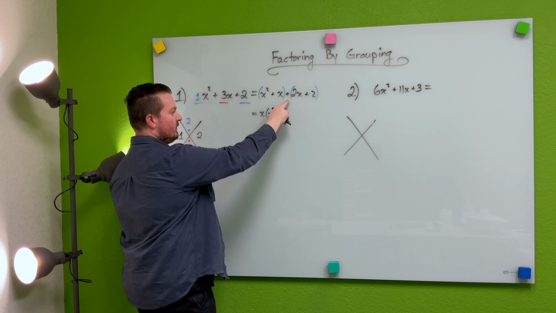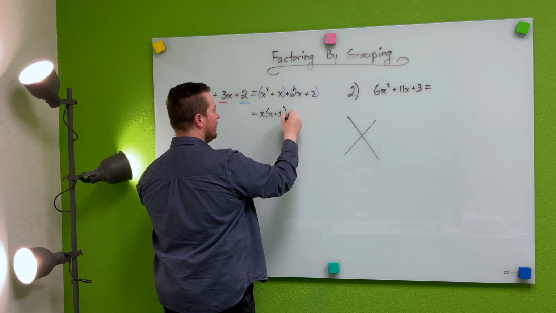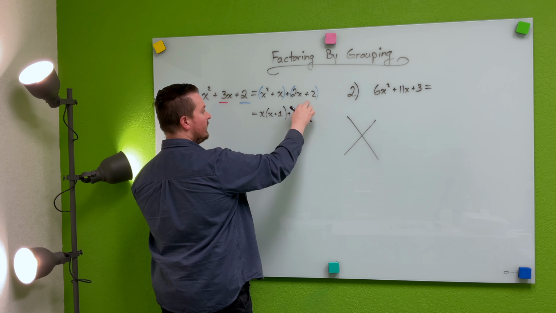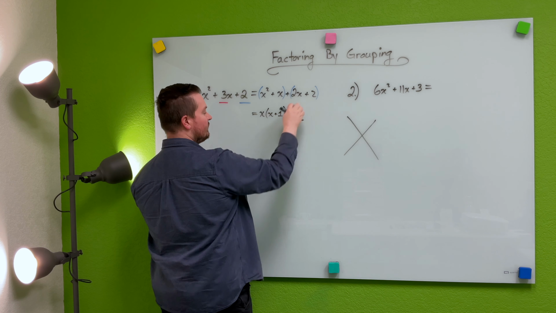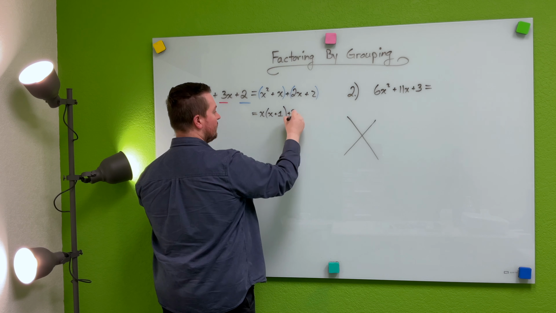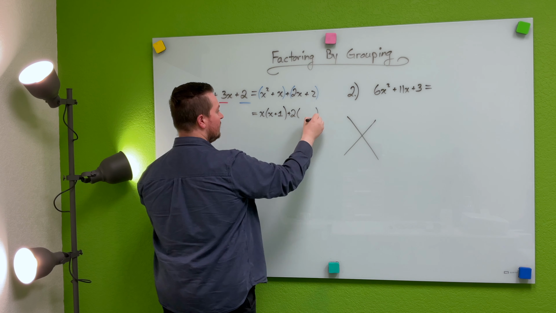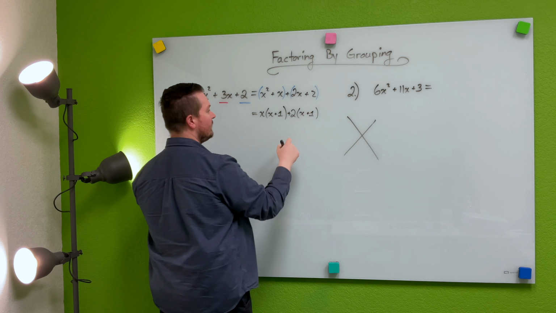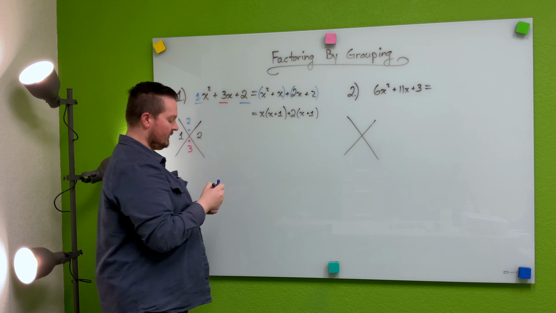We're going to bring down our addition sign. And now here we're going to ask, what common factors do these have in this group? Well, each of these terms has a 2, so we're going to factor out a 2, and we have x plus 1 left over from that group.